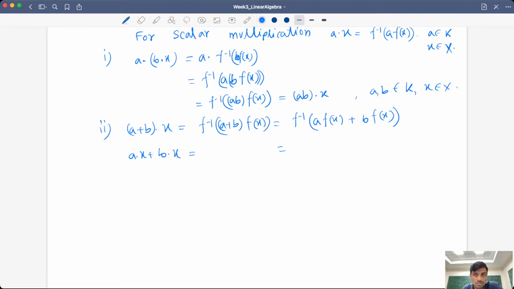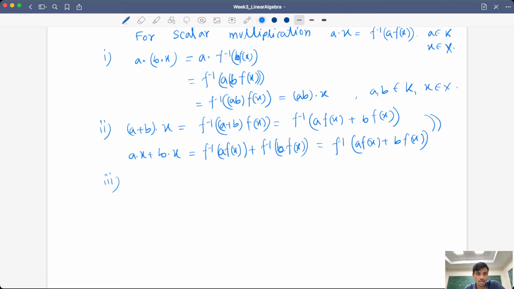So this is by definition f inverse of a fx plus, this plus is the plus in X, so be careful here, this is not just the plus there. This is by definition f inverse of f of this thing plus f of this thing, but f of this thing is a fx, so this is again same as a fx plus b fx. So these two are same. Okay, so this thing also done.